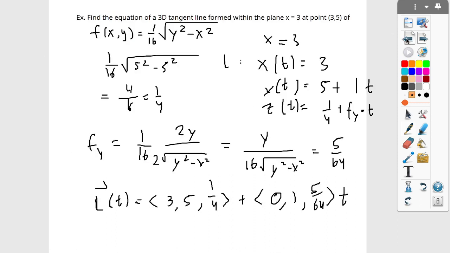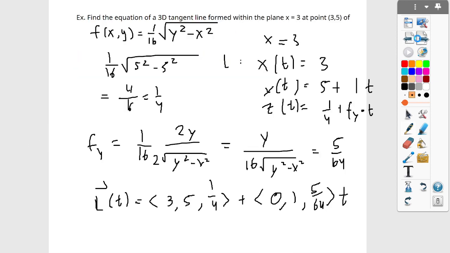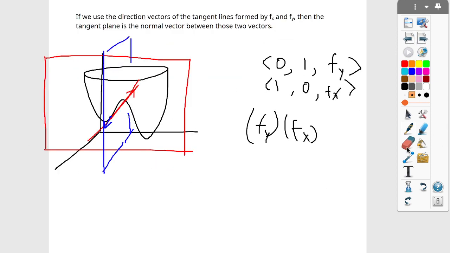I think. I'm not sure. It would only make sense for them to be 0 at that point, but I'll actually have to test that out. What does matter is both of these vectors are going to be in the tangent plane.